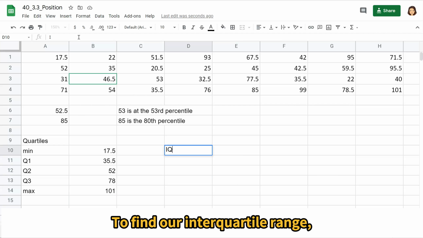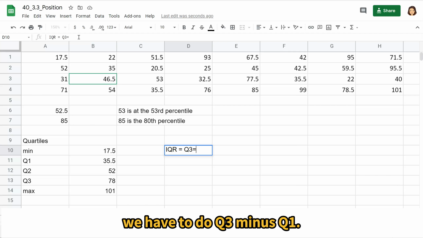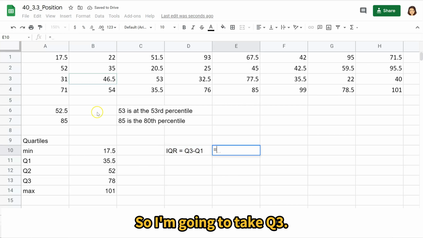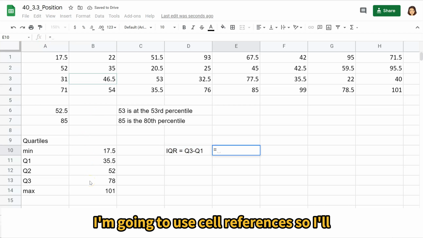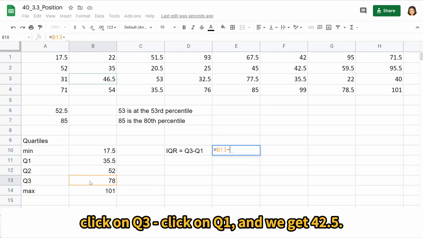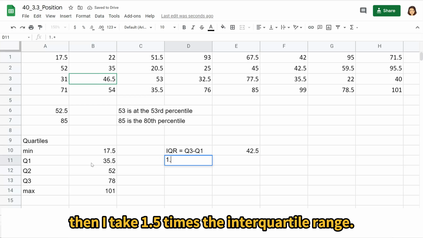To find our interquartile range, we have to do Q3 minus Q1. So I'm going to take Q3, I'm going to use cell references, so I'll click on Q3 minus, click on Q1, and we get 42.5. Then I take 1.5 times the interquartile range.